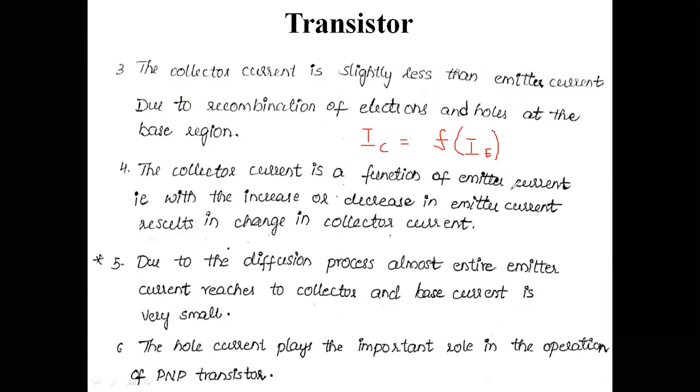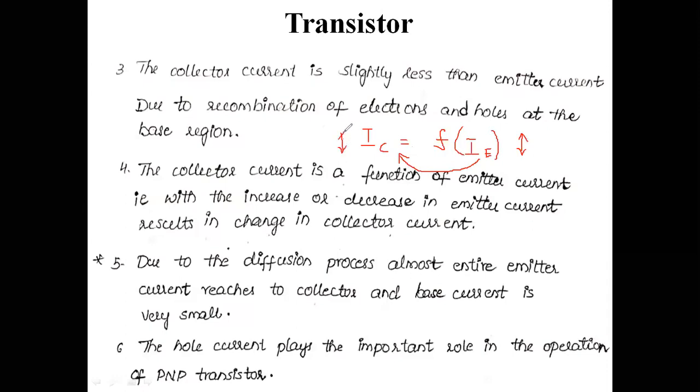Collector current is a function of emitter current, that is, with increase or decrease in the emitter current, that means there is variation in the emitter current, then variation in the collector current will take place. Whatever the increase or decrease of the emitter current will lead to the increase or decrease in the collector current also.